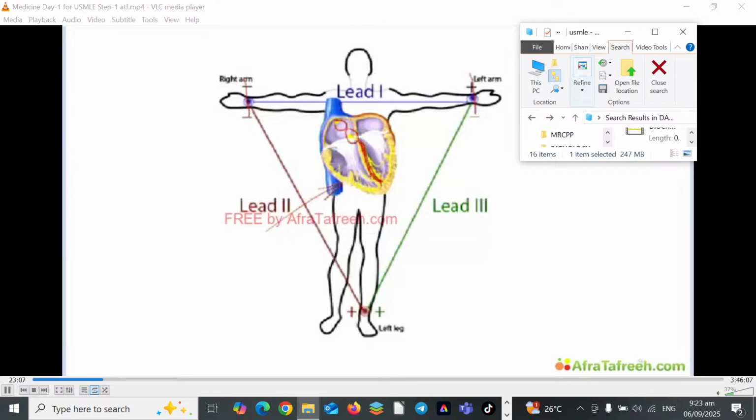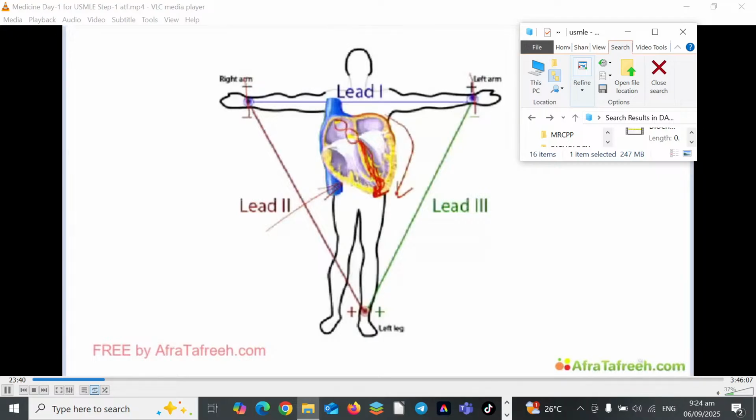And the current will always flow towards the left side, because the left ventricle will take more time to get activated, so the current will flow more towards the left side. So if you have only the 3 leads, for a basic understanding, your electricity flows somewhat like this. Is that clear? It starts very close to lead 1 and goes away from lead 1 towards lead 2 and lead 3.